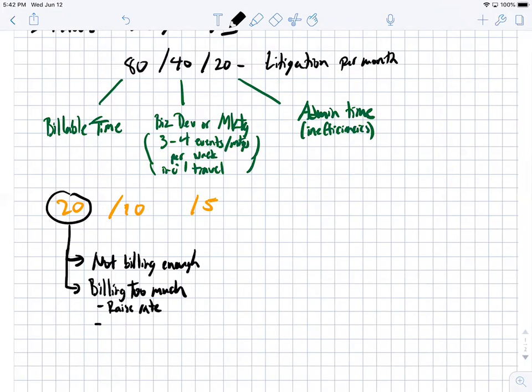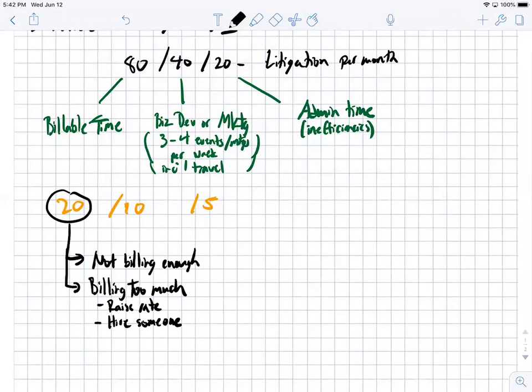That will enable them to work fewer hours, hire someone, or both. If they're not billing enough, more marketing, better time tracking. Right, those are the two things.